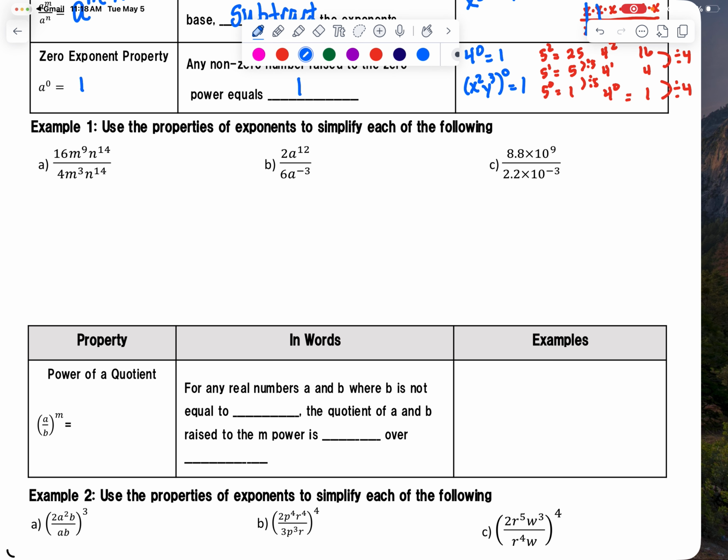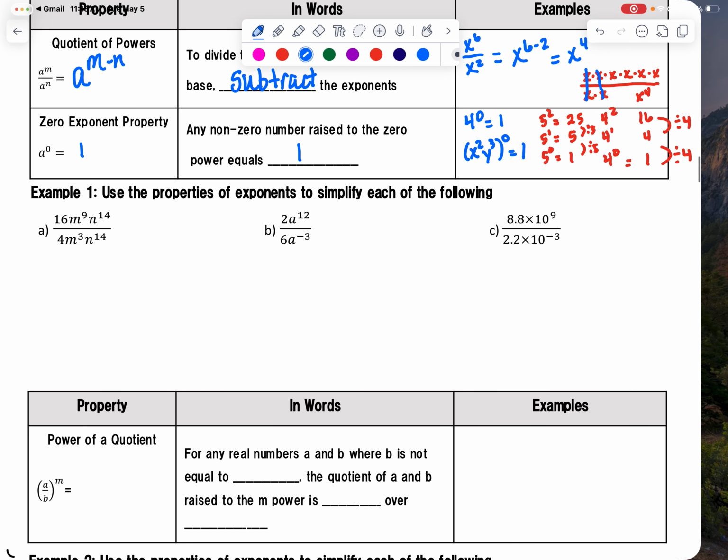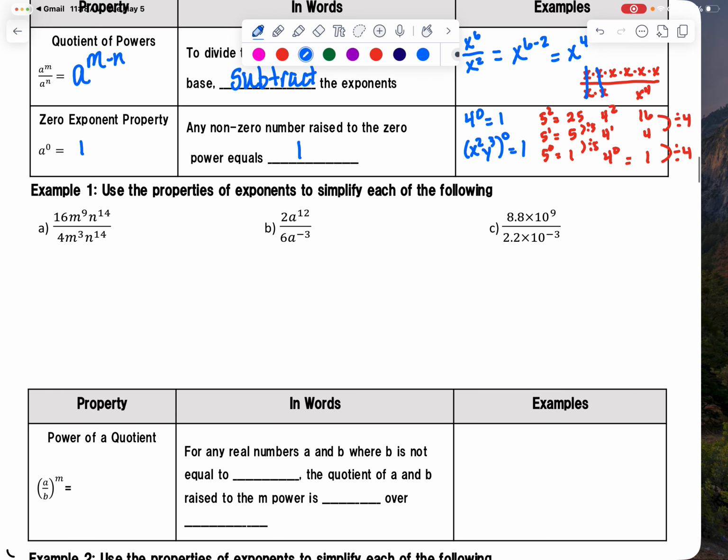So according to this quotient of powers, we're going to take our coefficients and divide them. And then we're going to take our variables and divide them. So to divide exponents, you subtract. So this would be m to the 9 minus 3 power, and n to the 14 minus 14 power.